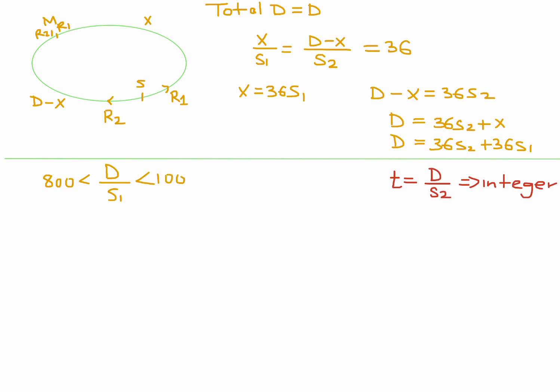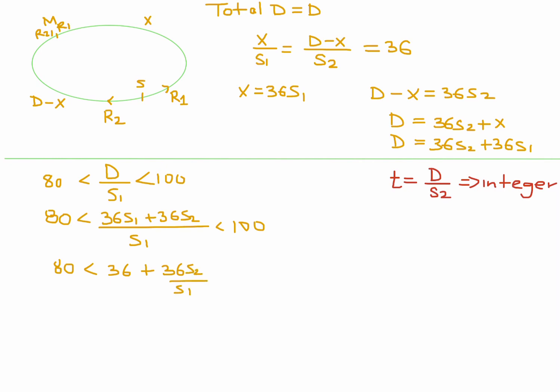Let's work with this one right here. D we just figured out, so let's substitute that in. And this should be 80, actually. So we got 80 less than d, which is 36 S1 plus 36 S2, all over S1, less than 100. If we break it up, it will be 36 plus 36 S2 over S1, less than 100.